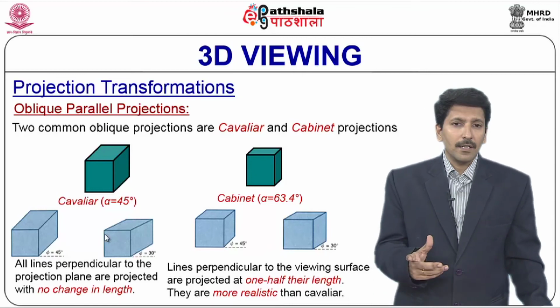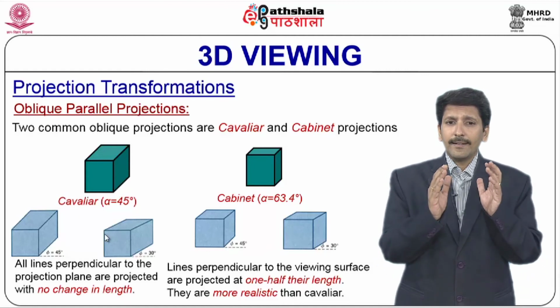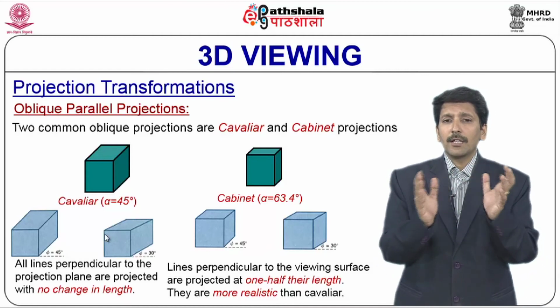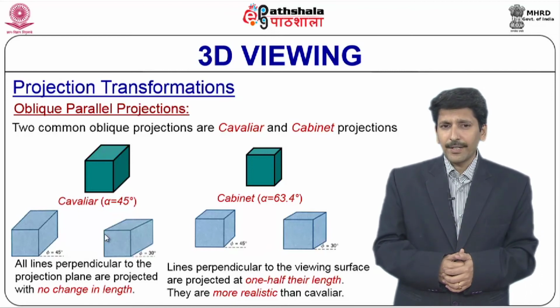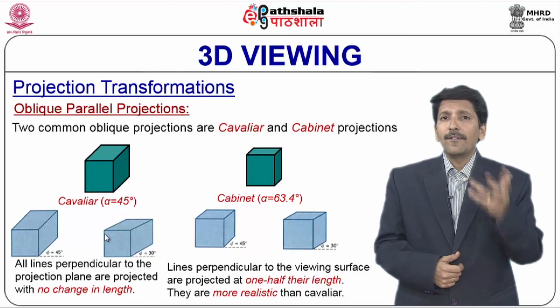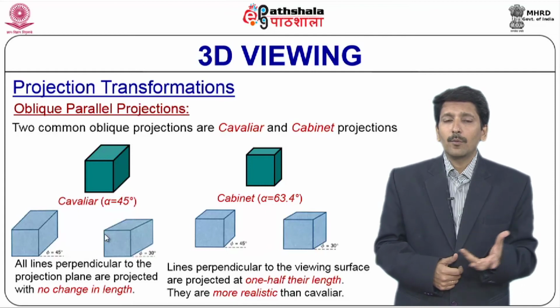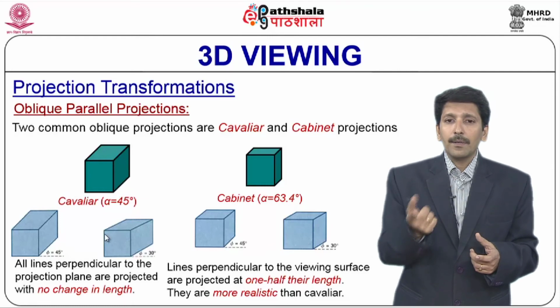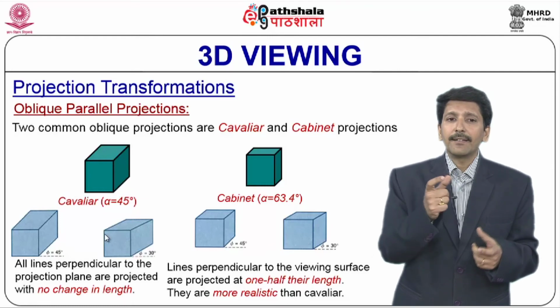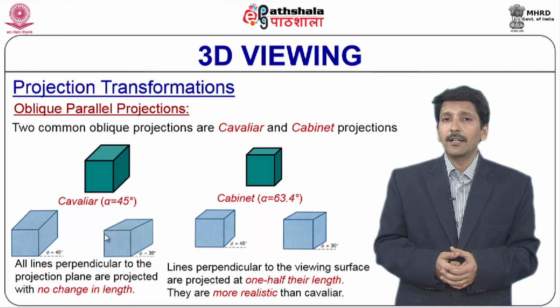Why these are of special consideration is that the way they show the projections, the objects look so realistic. So, what about phi? Now, you might ask what should happen to phi. There are two angles, alpha and phi. Phi is again an imaginary angle, as I said.